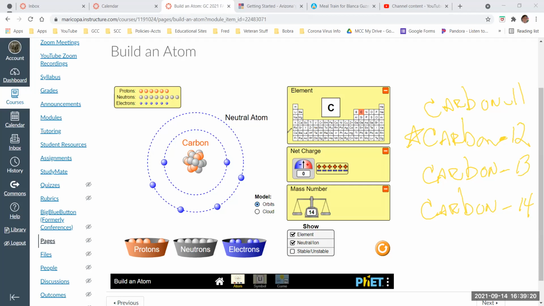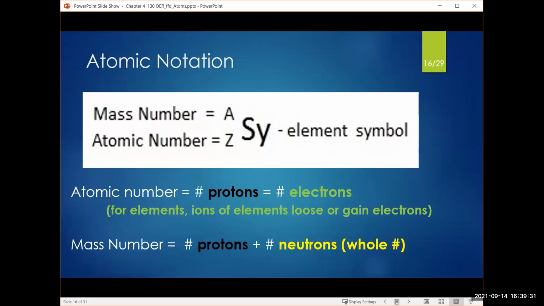All right, so let's go back to the PowerPoint slide. So do the simulation to help you out with respect to how the atom is put together, at least our current model. So atomic number equals number of protons, which is equal to the number of electrons.